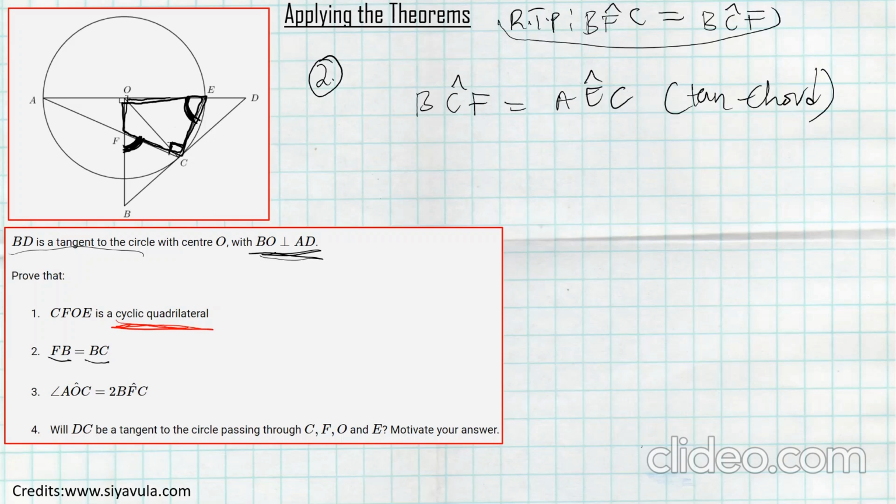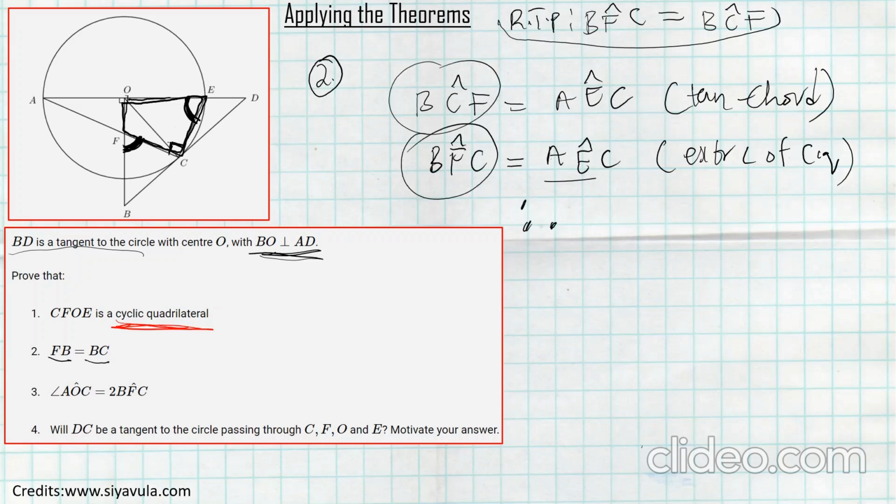So we can deduce that angle BCF is also the same as angle AEC, by exterior angle of a cyclic quad. Remember, we just proved it's a cyclic quad, meaning we can apply the properties of a cyclic quad. Can you see now that both these angles are equal to the same angle?